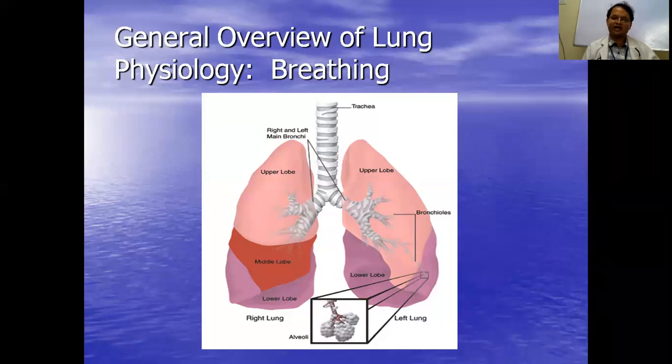The trachea descends down till the landmark of the T5 vertebra, where it divides into two main bronchi. This point of division is known as the carina. Remember this. At the carina, the trachea divides into two prime major bronchi, the left main bronchus and the right main bronchus.